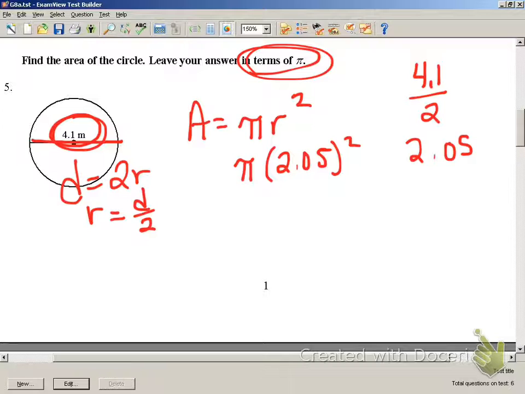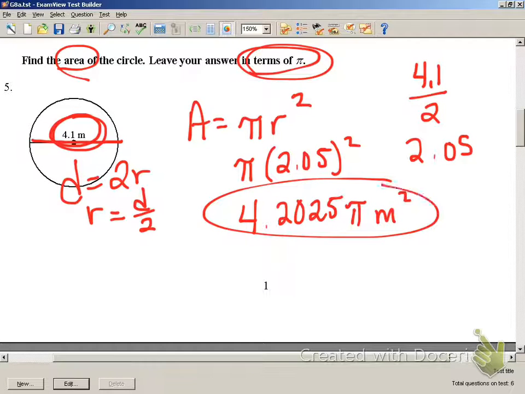If I multiply 2.05 times 2.05, or squaring it, I will get an answer of 4.2025 pi. And since we're talking about area, it will be square meters. So that would be my answer. That is in terms of pi. Notice that I did not multiply that radius times 3.14.